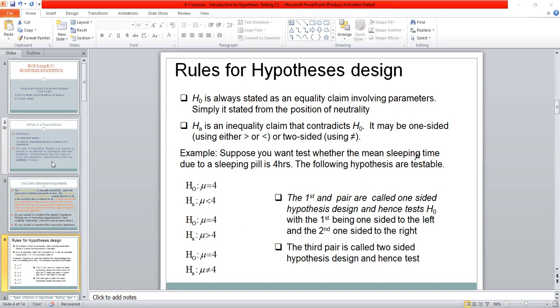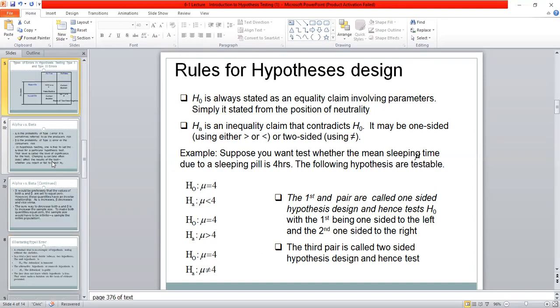But if they are not written around the population parameter, then they are called non-parametric hypothesis design. So I invite you to go and check online the differences between parametric and non-parametric tests and their examples. Just go briefly and check those concepts.